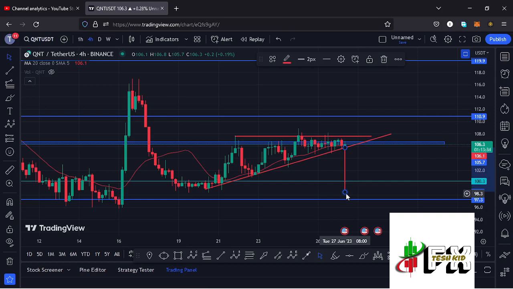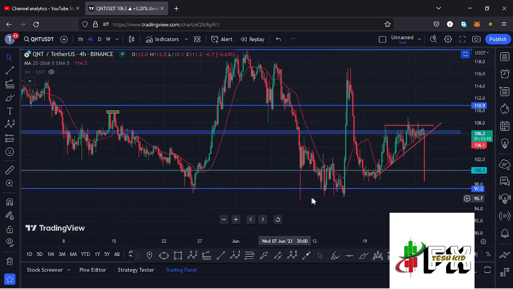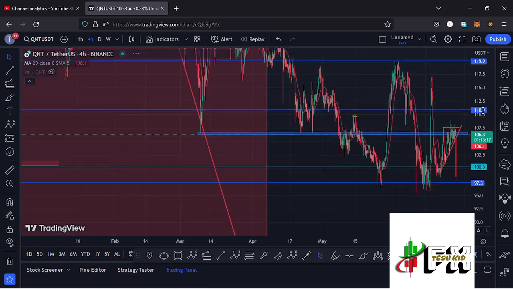And in case such a move plays out, then we need to keep our eyes on our next key area of support at around the $97.3 mark, because a break below that, then Quant might see even lower prices, giving us a retest of the low that we made at around the $94.3 mark.